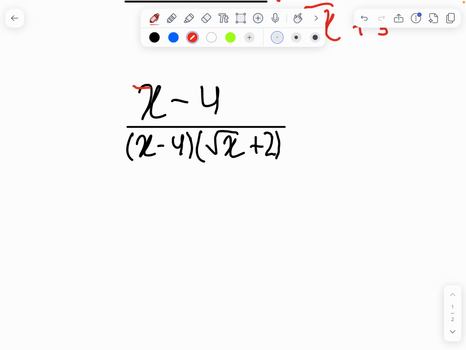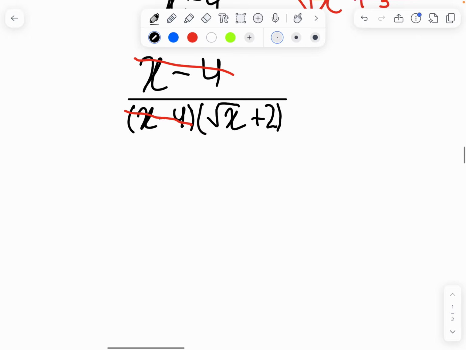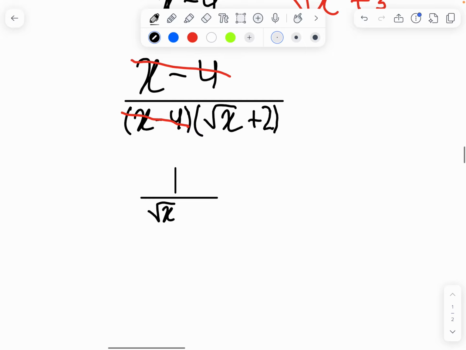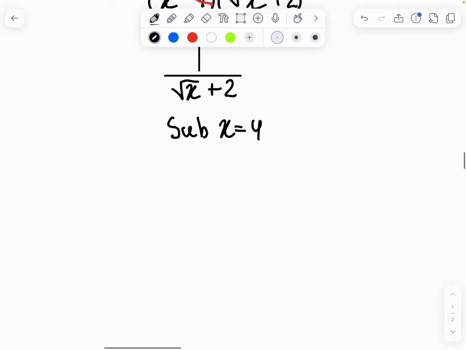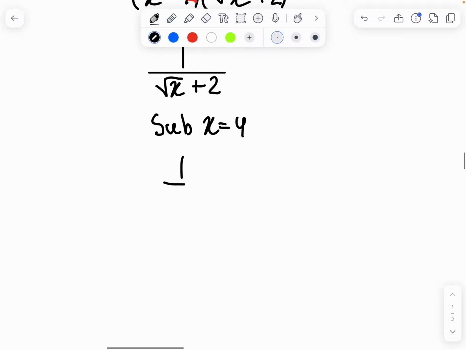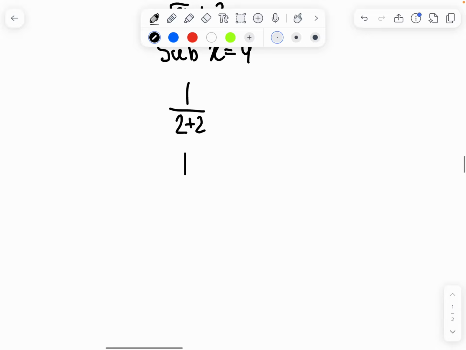And now we cross those out. So this would equal 1 over the square root of x plus 2. And now if we sub in 4, x equals 4, we'd get 1 over 2 plus 2. So 1 over 4.